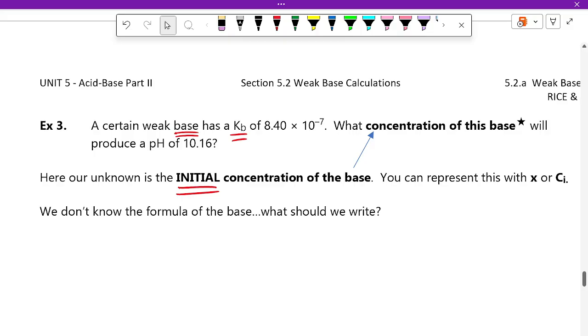Good Lord. Okay, we do not know the formula of the base. What can we write? Let B be the formula of the base.